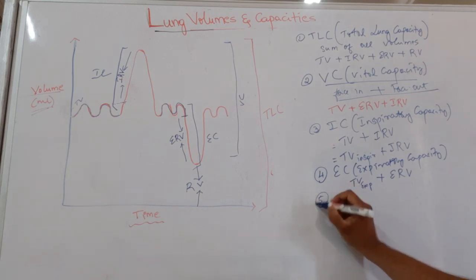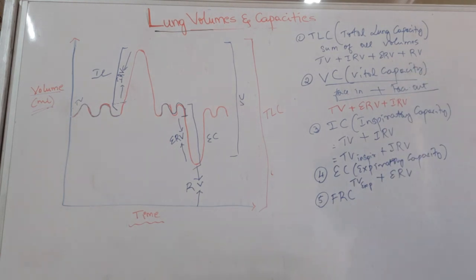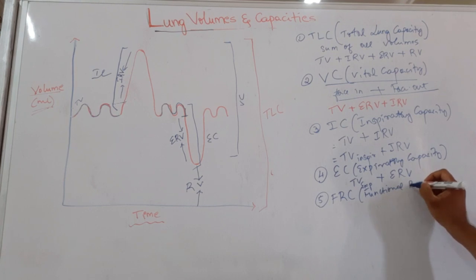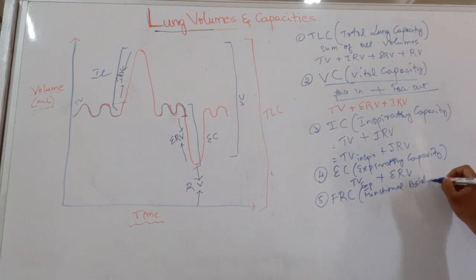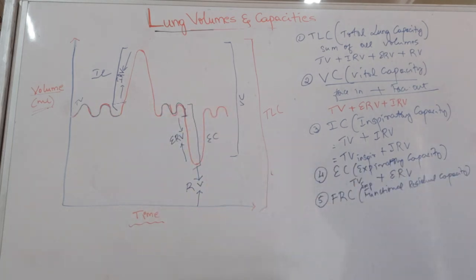The last we have is functional residual capacity, or FRC. It is the total volume of air after normal breathing.